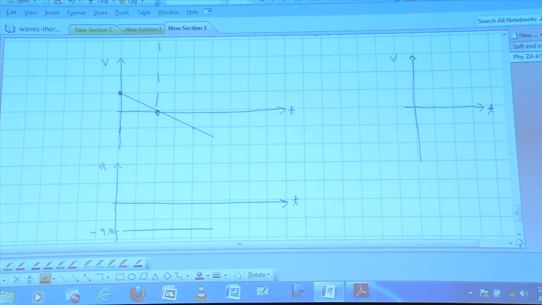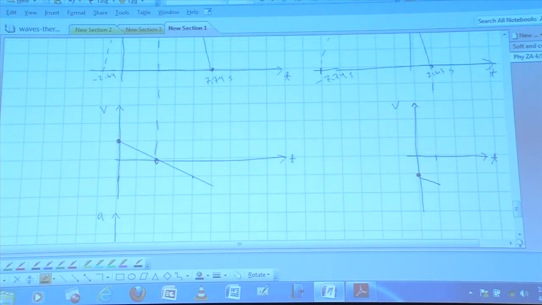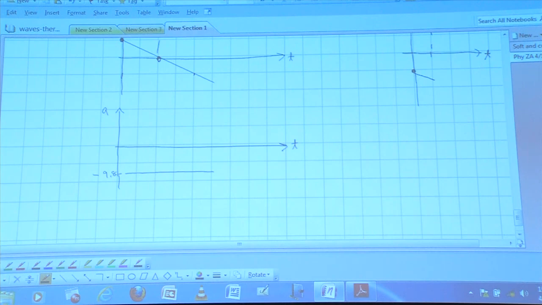It started at some negative velocity, right? And it kept going. So it's just this last segment here till it hits the ground at this point, right? And the acceleration, the slope there is the same as the other one. The acceleration versus time is minus 9.8. Okay?